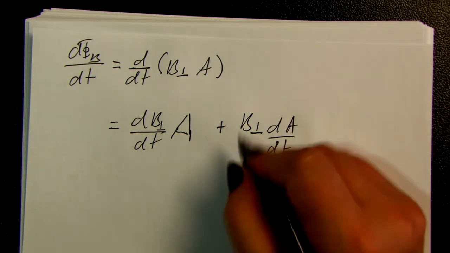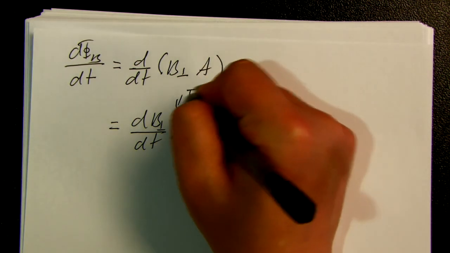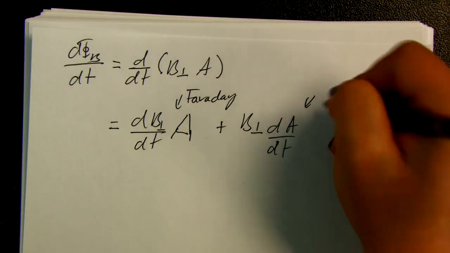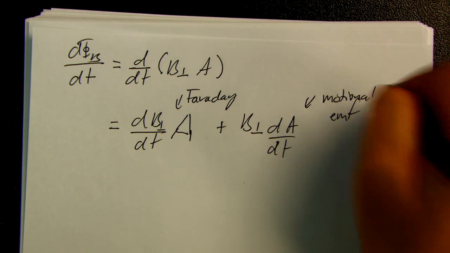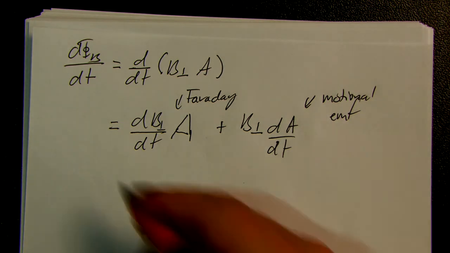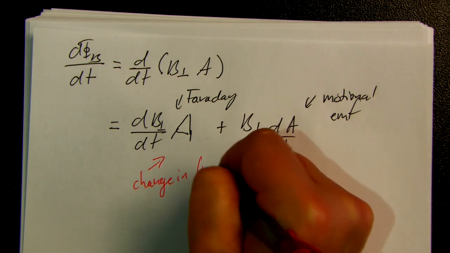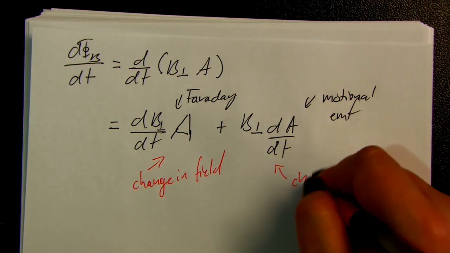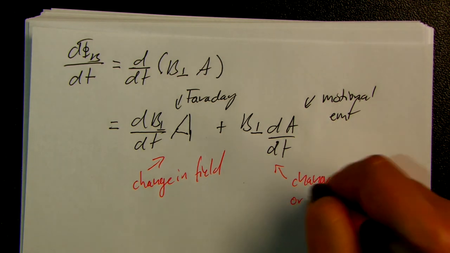In this case, B is held constant and A is allowed to change. And so this is, of course, Faraday. And this is motional EMF. This is going to relate to a change in field, and this is a change in area or shape.